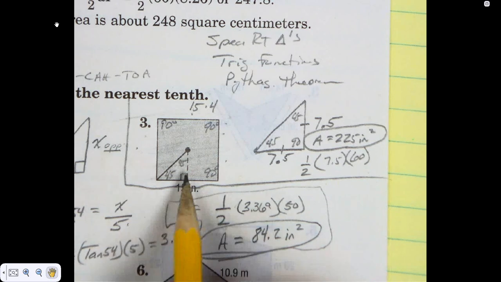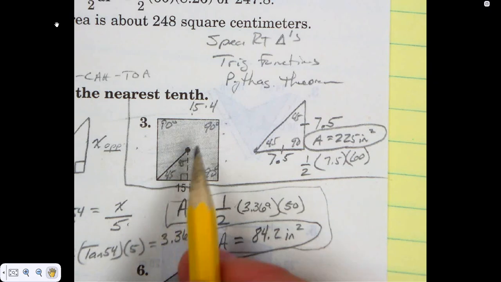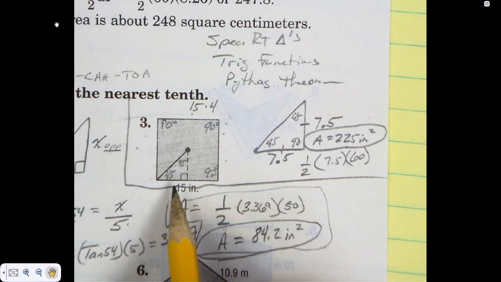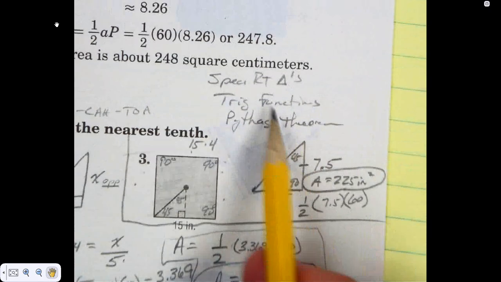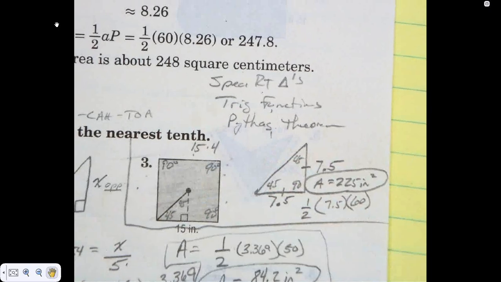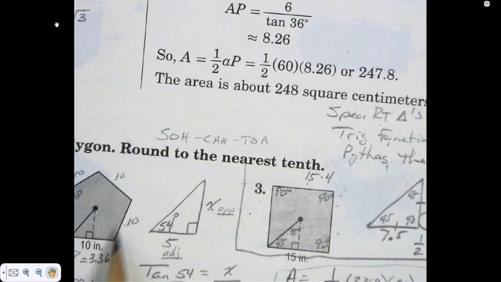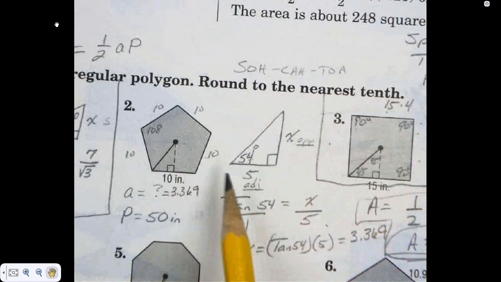So as long as they give you one of these 3 sides of the triangle created by the radius and the apothem, you've got a way to find it by using either special right triangles, trig functions, or Pythagorean theorem. The big thing here is, though, know which situation you have. Like in the pentagon here, I knew that angle is 54.